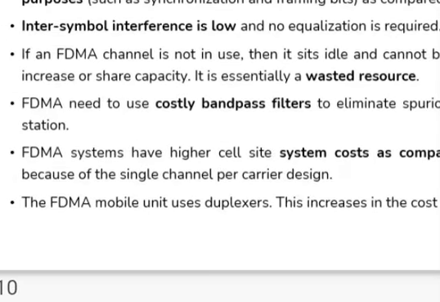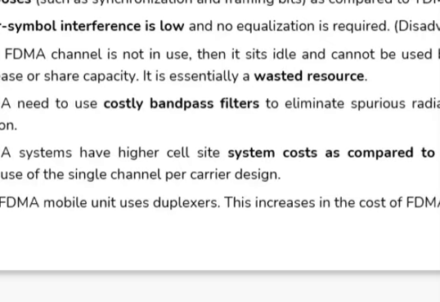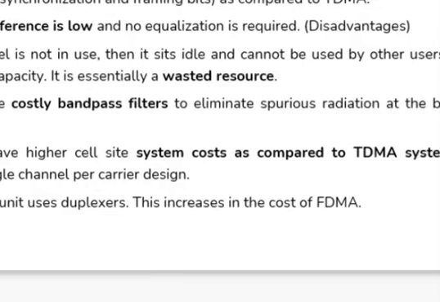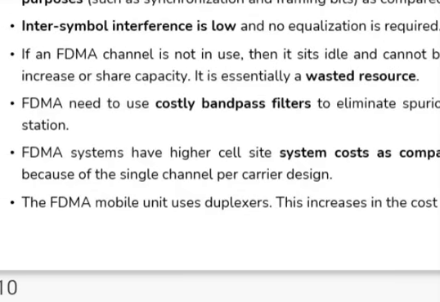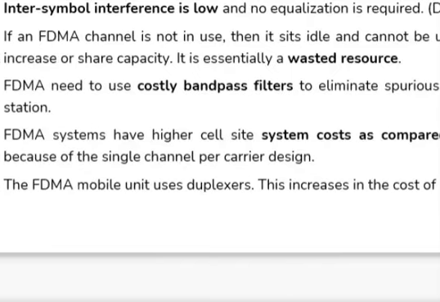Let us see the disadvantages. If an FDMA channel is not in use, then it sits idle and it cannot be used by other users to increase or share capacity. It is finally a wasted resource. And also it needs costly bandpass filters to eliminate the spurious radiation at the base station.